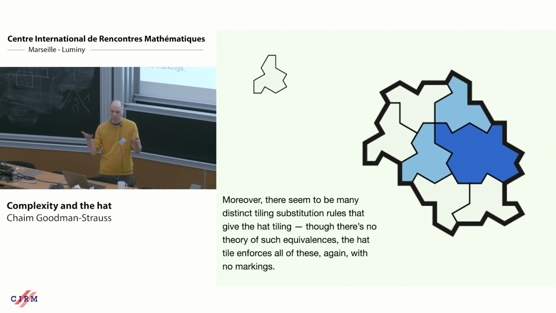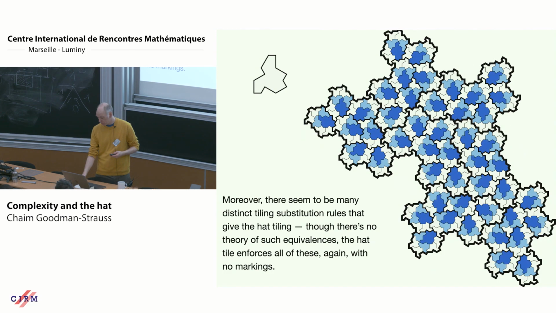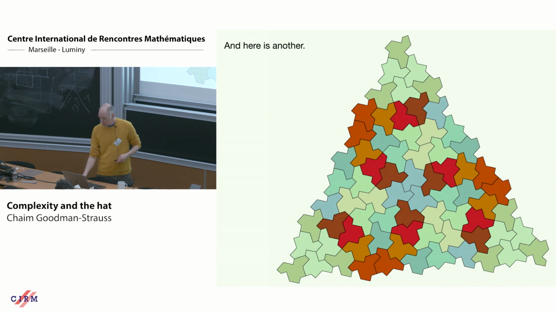It's just a single shape, it doesn't have any markings, it's really bizarre, honestly. The examples I showed you before had these elaborate systems to ensure that they behaved the way they were supposed to behave. That wasn't the case here. I think that's the sign. So that's it. Thank you.